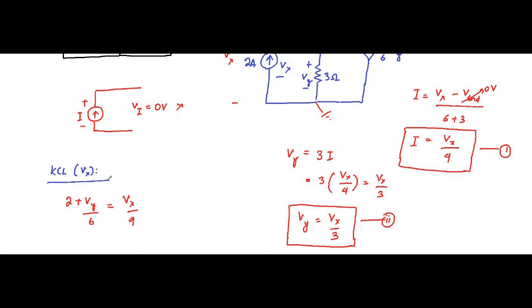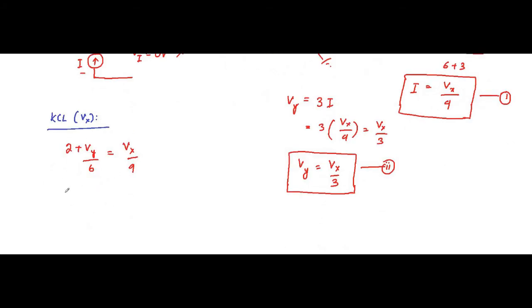So now let us bring this total equation in terms of Vx by substituting Vy with Vx by 3. That implies 2 plus (Vx by 3) by 6 is equal to Vx by 9. That implies 2 plus Vx by 18 is equal to Vx by 9.